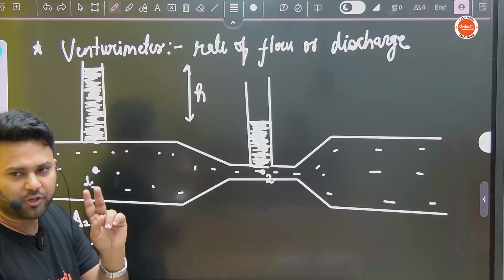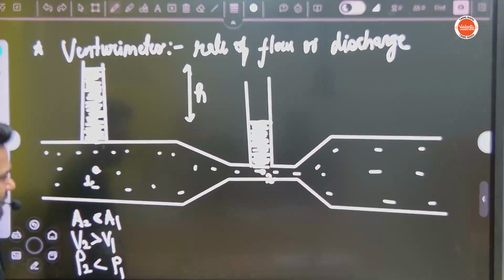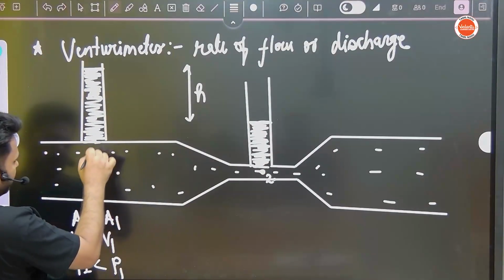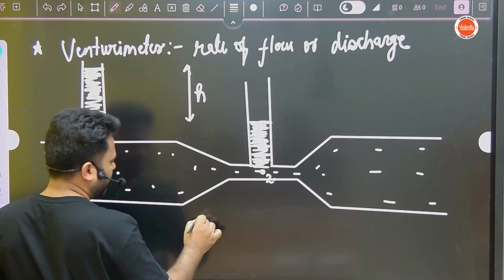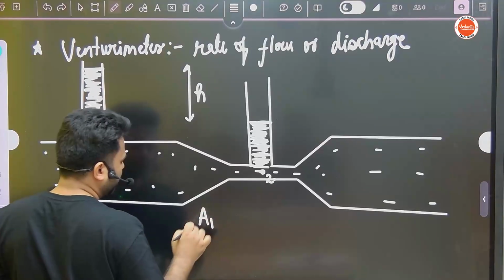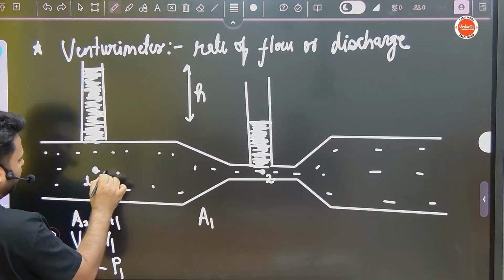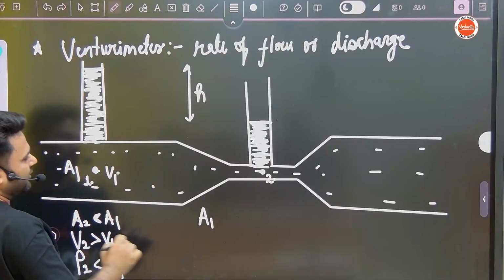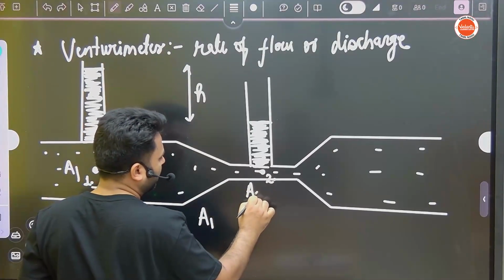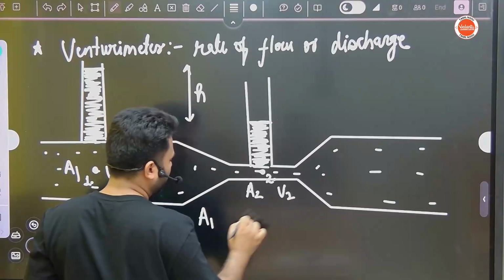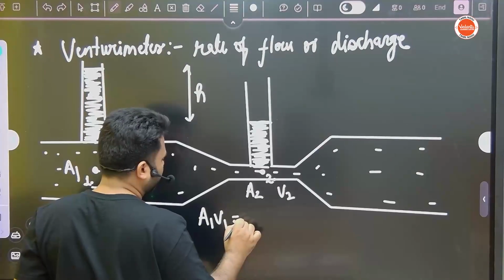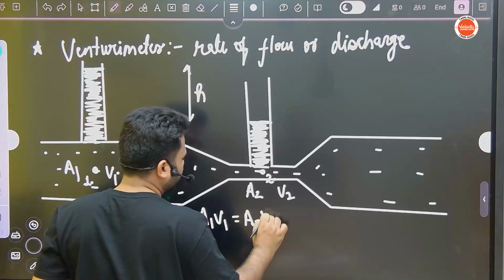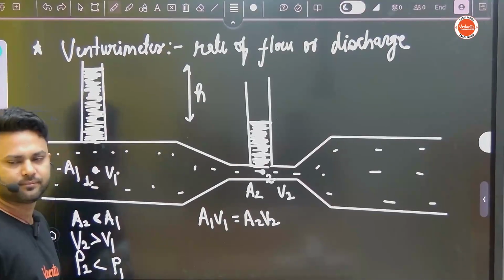Now remember 2 equations and your question will be solved. First, here at section 1, area A1, suppose velocity of the liquid is V1. Here area is A2, here velocity is V2. So A1 V1 equals to A2 V2, we can write equation of continuity.